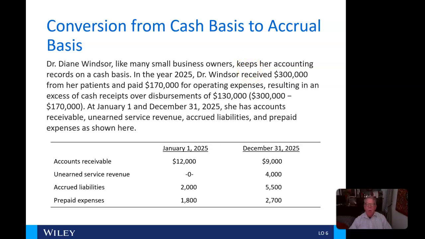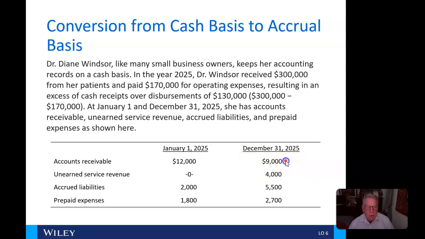At January 1 and December 31st, 2025, she accounts for the receivables, the unearned service revenue, accrued liabilities, and prepaid expenses as shown. Beginning of the year, she had accounts receivable of $12,000.